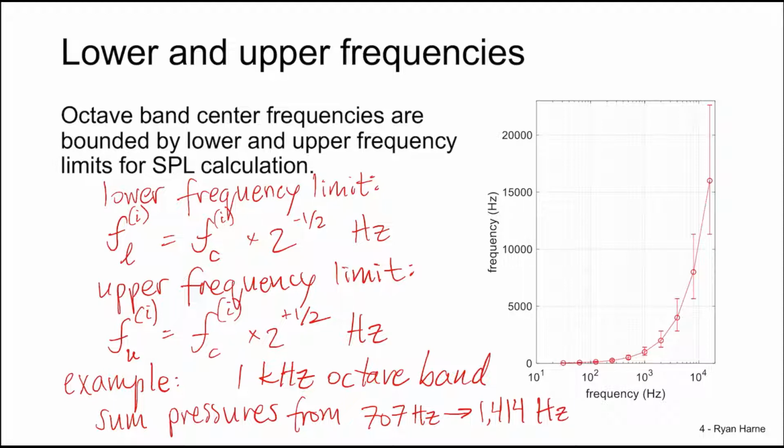We could compute the lower and upper frequency limits with ease by using these formulas. They're shown here on this plot. We also see that the lower frequency limit for one band is the upper frequency limit for the octave band below it, and so on and so forth. The lower is equal to the upper of the adjacent band.